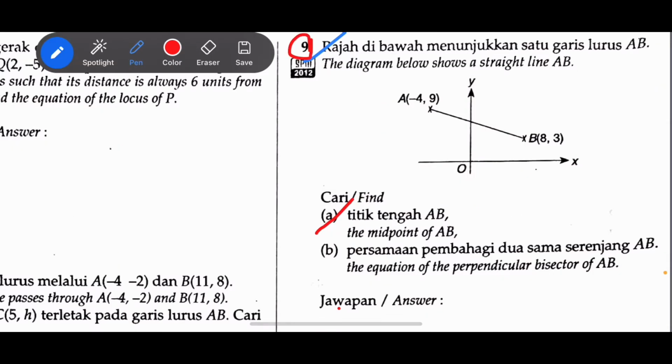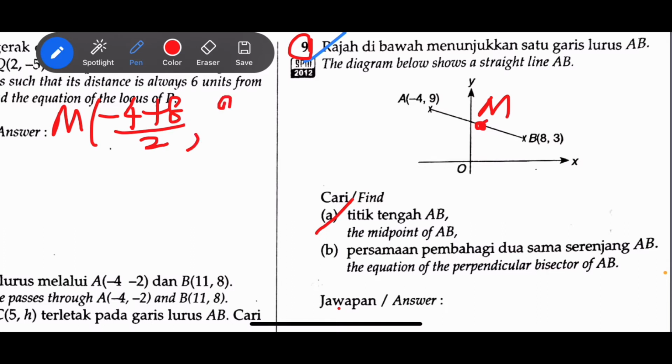Now let's proceed to the next question. The diagram shows the straight line AB. Find the midpoint. I'm sure you can find the midpoint easily: (negative 4 plus 8) divided by 2, (9 plus 3) divided by 2.